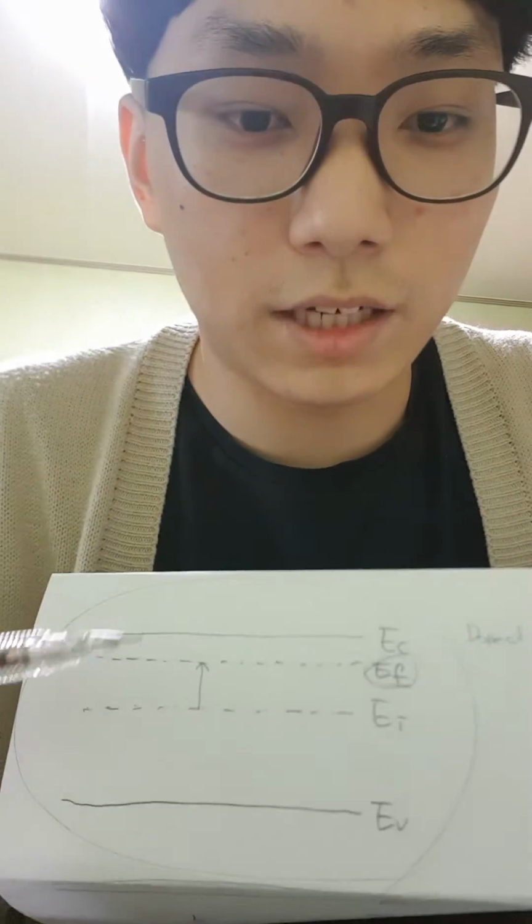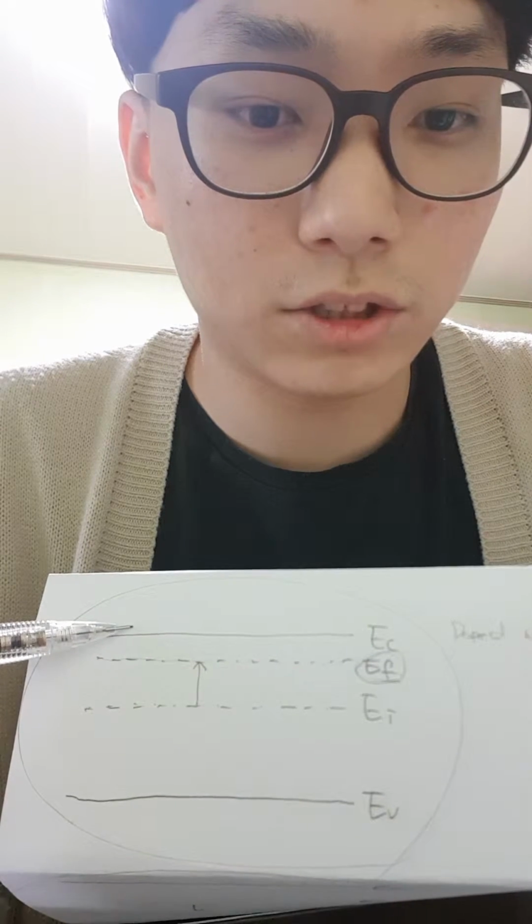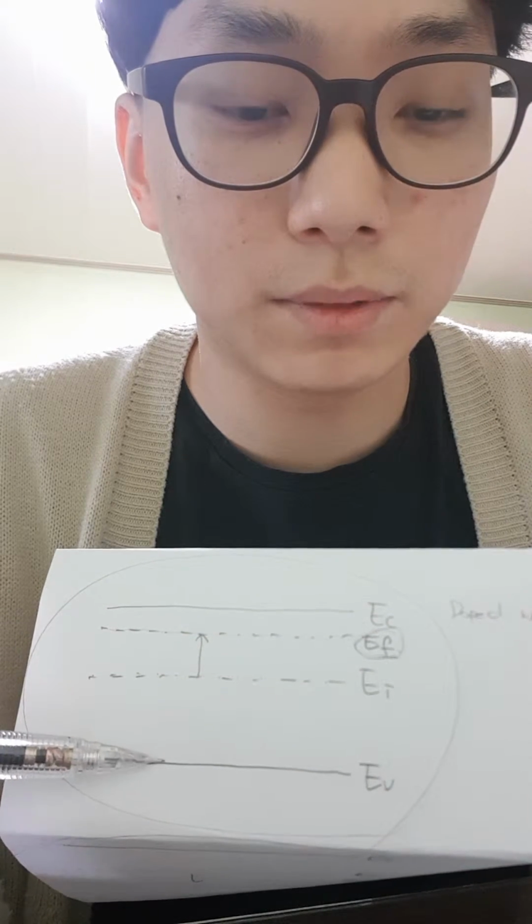Next, let's consider the silicon crystal doped with phosphorus. This phosphorus makes the silicon crystal N-type. Let's see the diagram. The conduction band is here and the valence band is here.